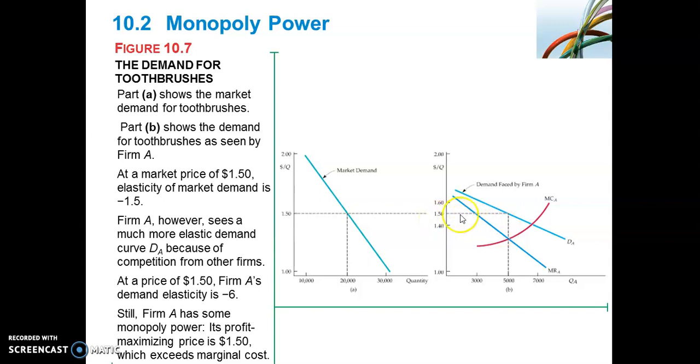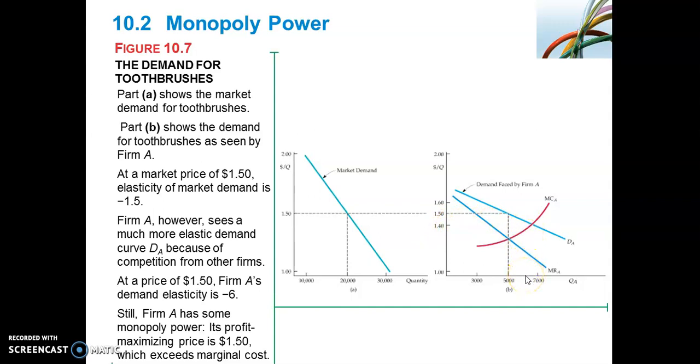Now, let's say firm A wanted to raise its price to $1.60. Sales would fall to 3,000. And let's say firm A dropped its price to $1.40, it would be able to sell some more toothbrushes.